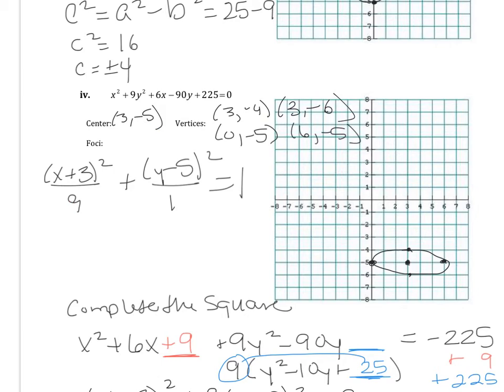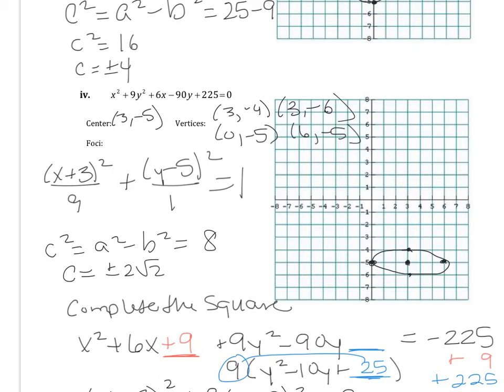Okay, and now my foci. We're going to use our handy formula, c squared equals a squared minus b squared. A squared is 9, b squared is 1, so c squared is 8. So c is plus or minus 2 root 2. So we're going 2 root 2 units from the center in both directions.